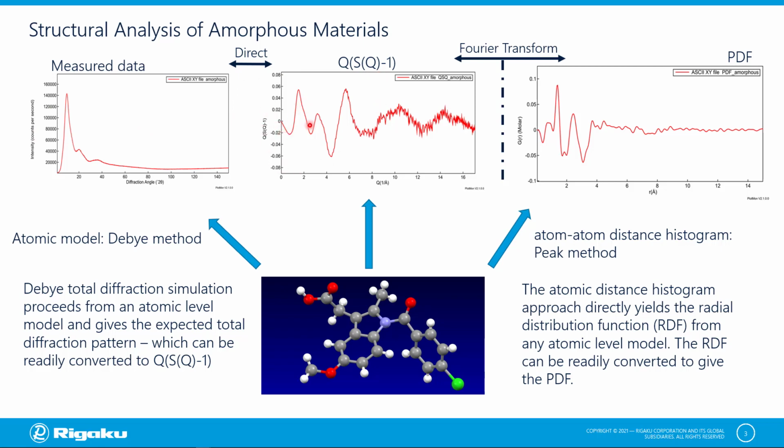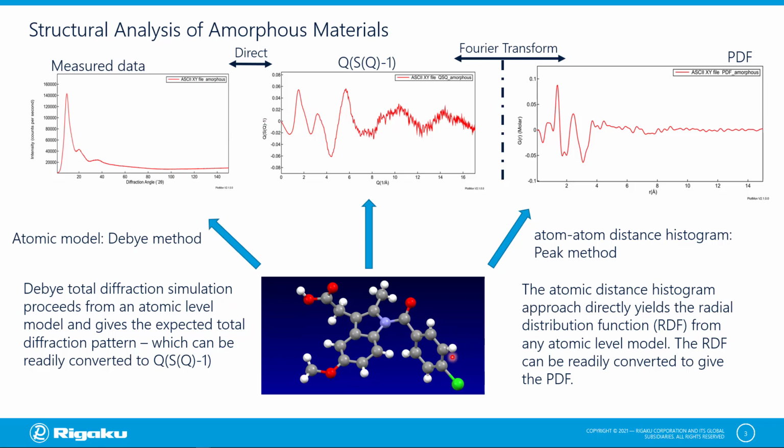This is the representation of the measured data that you would derive before going into the Fourier transform to determine a PDF. So from the Debye total diffraction approach, we can directly go from an atomic level molecular model to simulated measured data to an expected QS of Q minus 1. This is all direct calculation without doing any Fourier transformation at all.